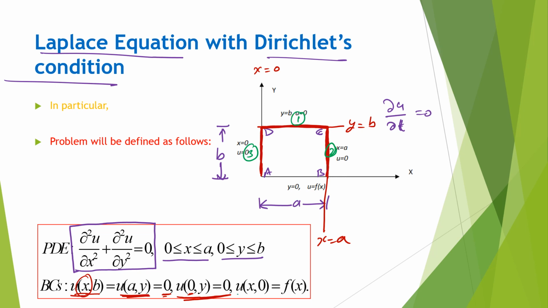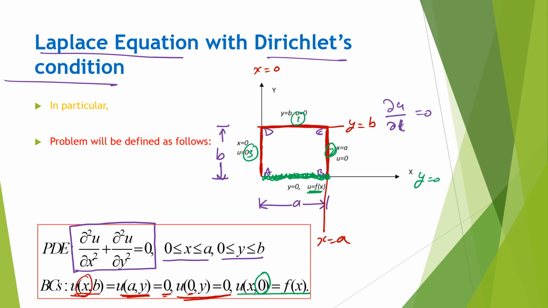But in the third condition, we get to know that when y is 0, that means at the x-axis, there is something which is mathematically represented by f(x). Over here it is other than 0. That means there is a temperature difference.